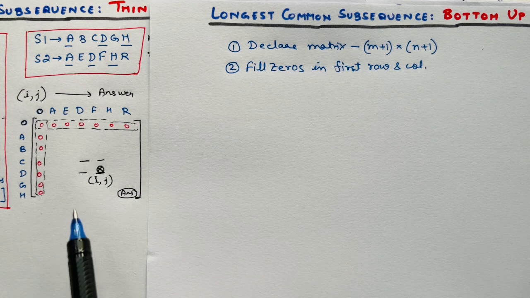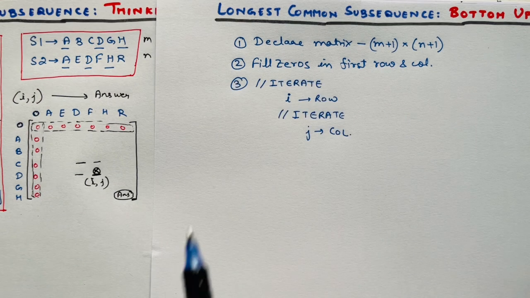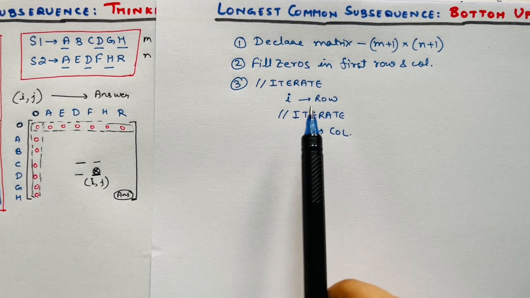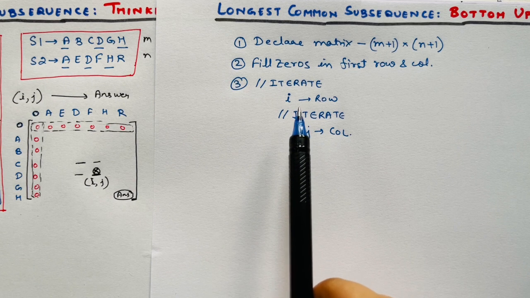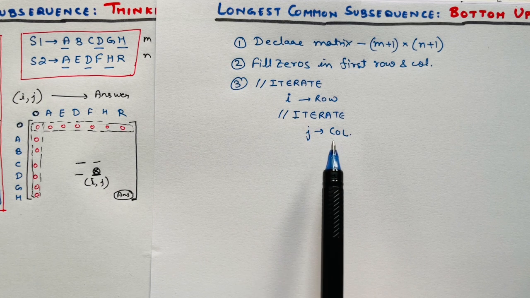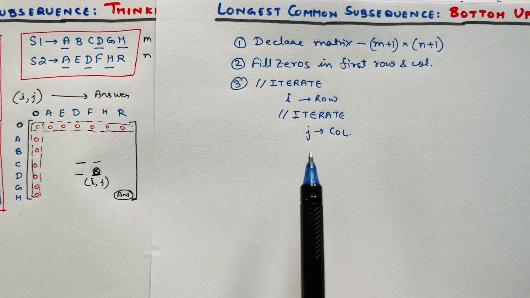So clearly we will have to iterate and reach a position i, j, and then try to fill its value. So how will we iterate? In the first iteration, we will have fixed a row, and then in the nested loop for that particular row, we will iterate over columns. So we will be at a position i, j.